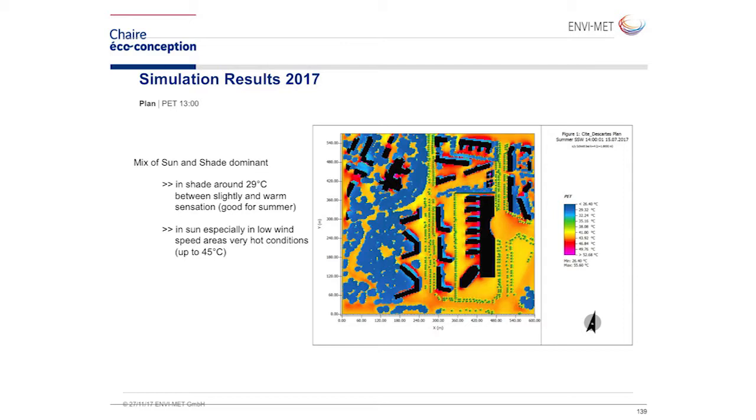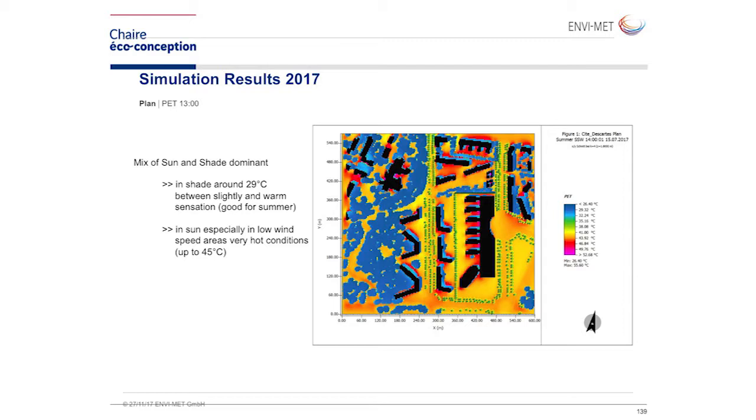When we look at this situation, at this time it's 14 o'clock, so it's an hour later than before. In the shaded area, we have about 29 degrees centigrade. According to the scale of PET, this would be between slightly warm and warm. This is completely okay for summer, for an outdoor environment. So in the shade, it's fine.